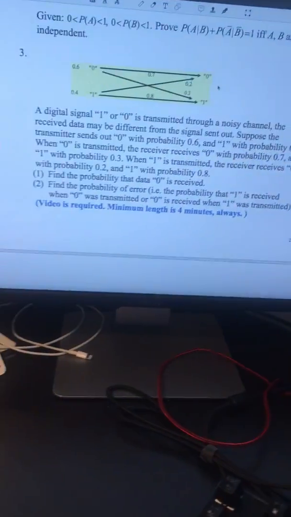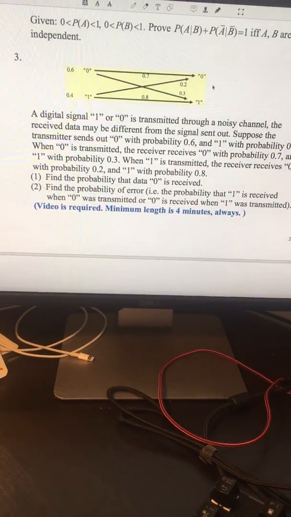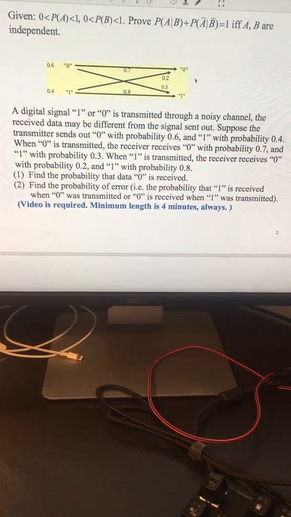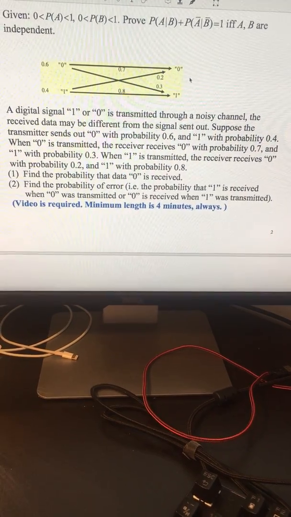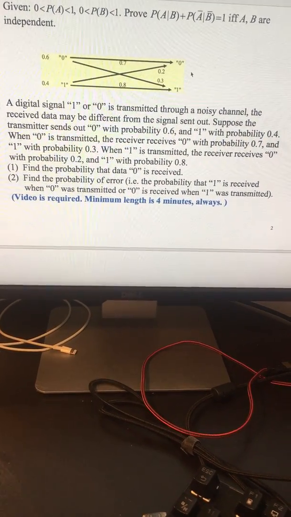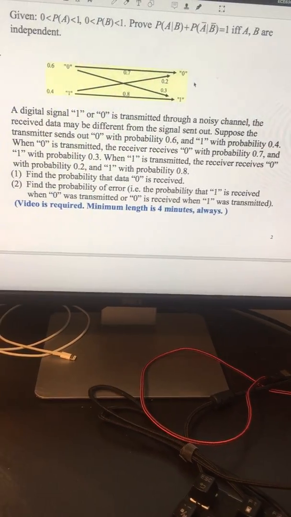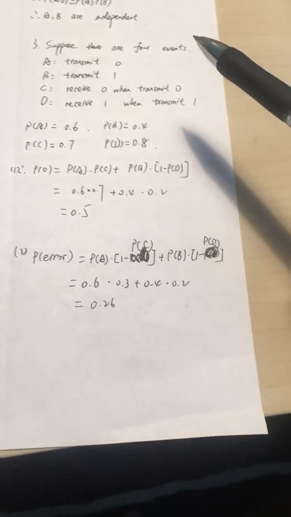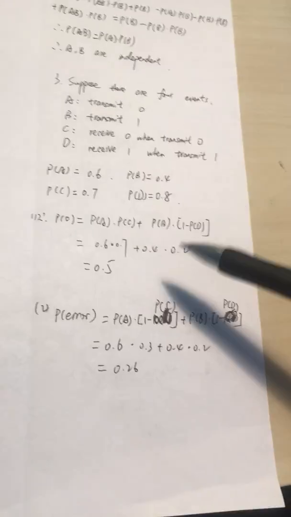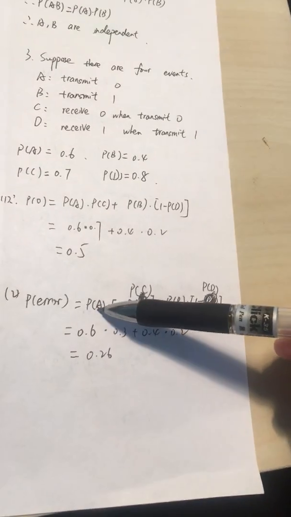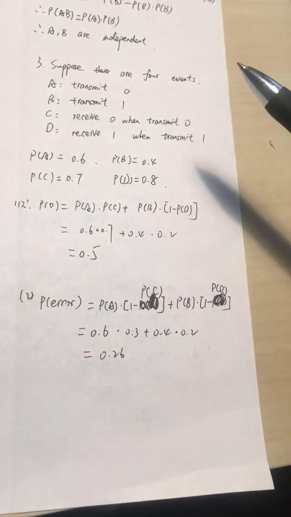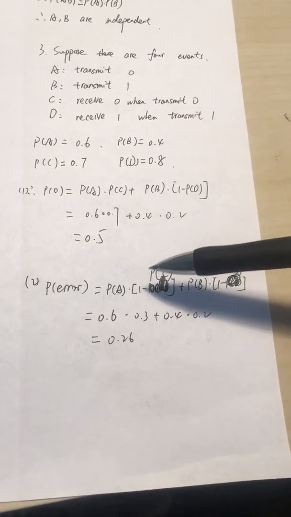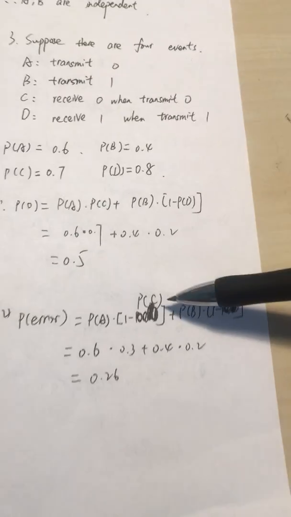And the next question is to find the probability of error. It means the probability that 1 is received when 0 was transmitted, or 0 is received when 1 is transmitted. So there are two circumstances. The first one is the transmitter sends 0 but the receiver receives 1, so it's PA multiply with 1 minus PC.